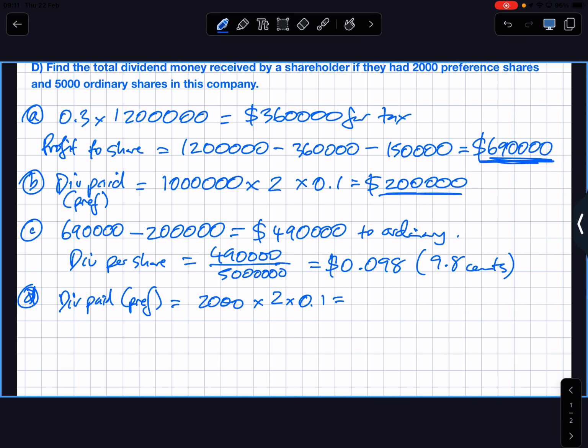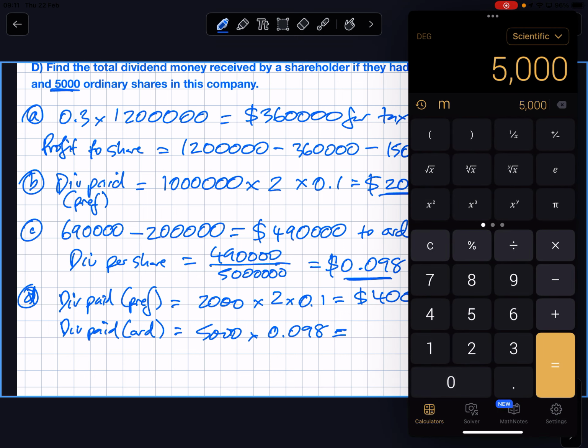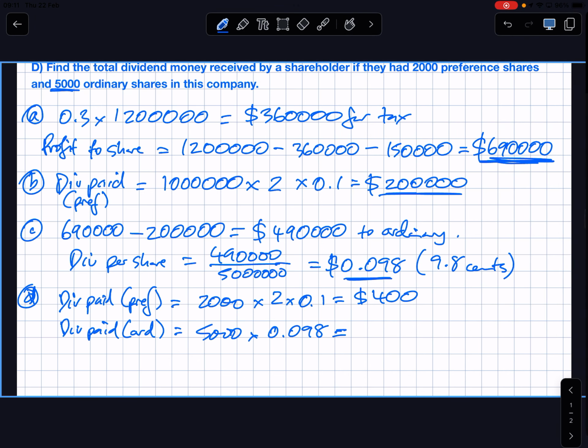This person would get $400 from their preference shares, and then div paid for ordinary is going to be, how many ordinary shares does this person have? 5,000 times by the dividend per share, which is 0.098. 5,000 times 0.098, 490.